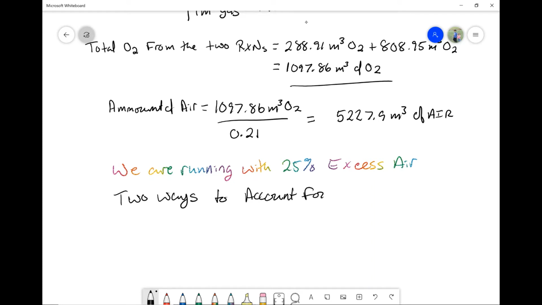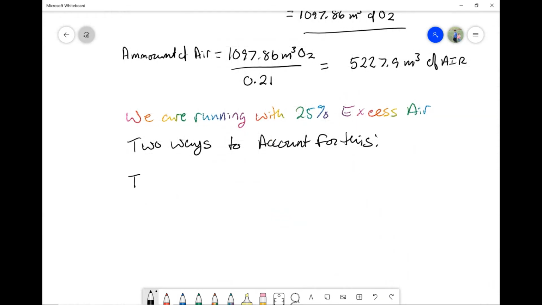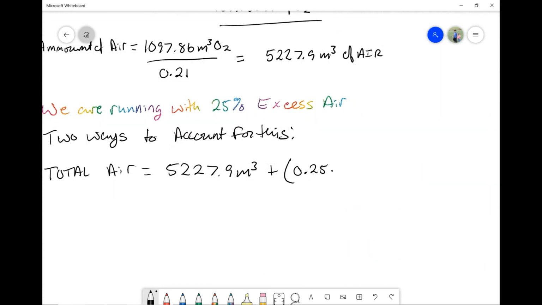You could either say total air equals 5227.9 cubic meters plus 0.25 times, I'm going to use the dot as the times operator, 5227.9 meters cubed, and that'll give you the total air.